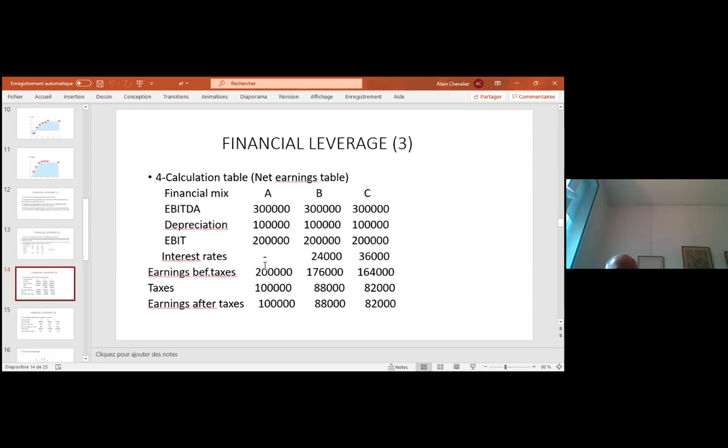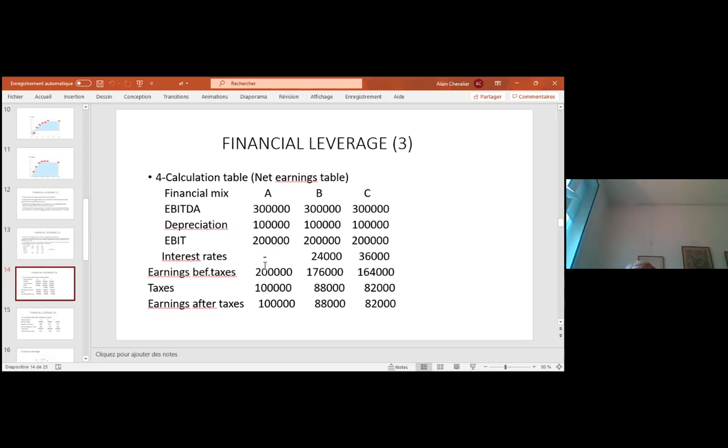Second case, you find 176,000 minus 88,000, which is 88,000. And in the last case, C, with a high level of debt, you have 164,000 minus 82,000, which is equal to 82,000.